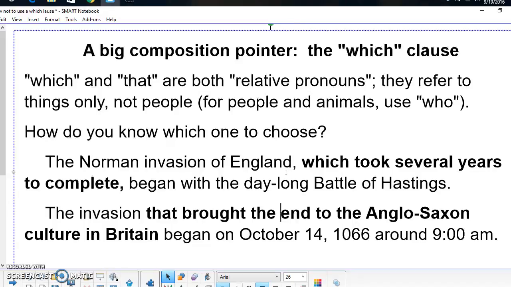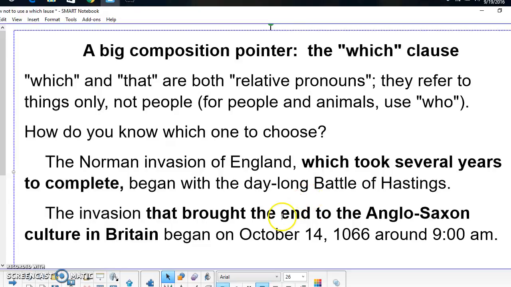Take a break for a second because the information coming up is somehow different from the rest. In the which clause, the difference is that the which information isn't that important. So I want to tell my reader, don't get too worked up over this clause here. It's not that important. And the way I do that is to set it up with a comma in the front, a comma in the back, and I pick which. And if I have a clause like that, what I'm going to call it is a non-essential clause.